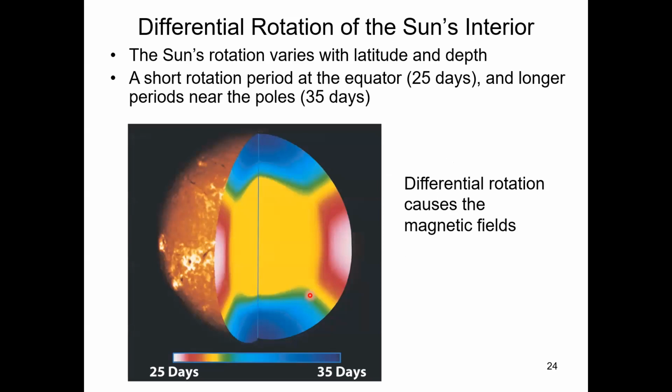Now, in this illustration, you can see the rotation of the sun in false colors, right? You can see right in the core of the sun, it is rotating in like 27 days.